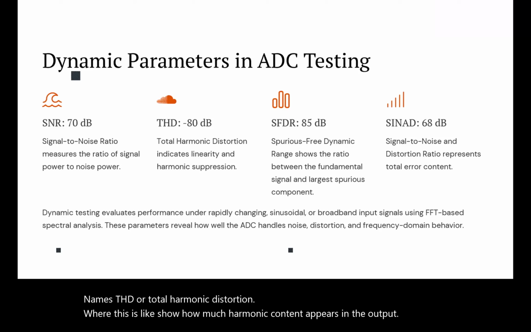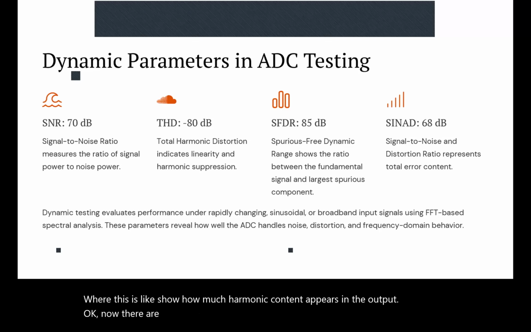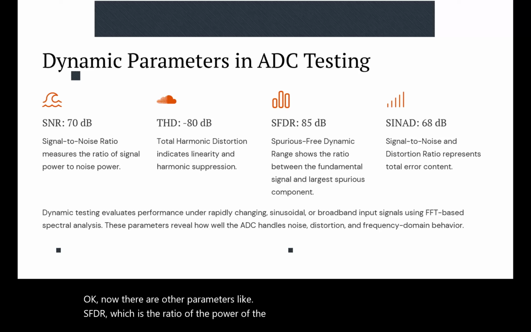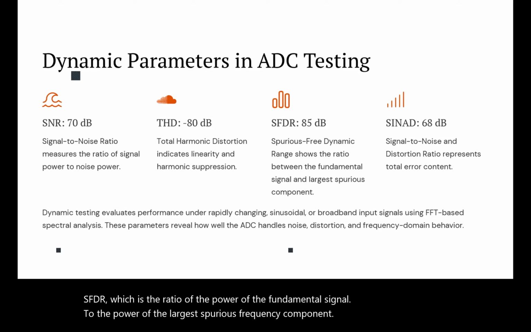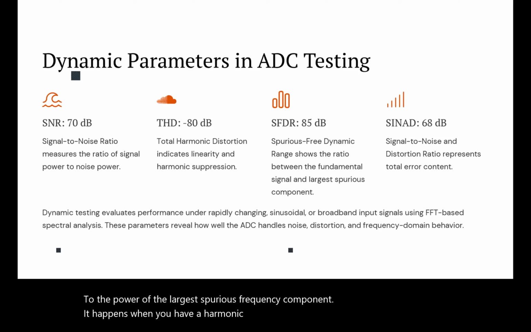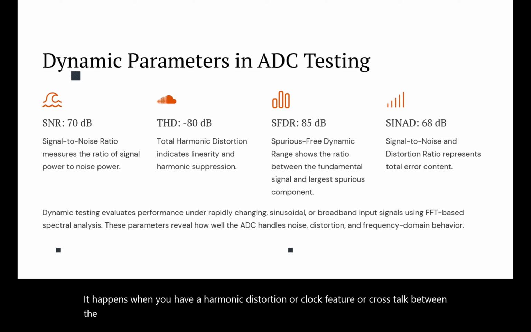Now there are other parameters like SFDR, which is the ratio of the power of the fundamental signal to the power of the largest spurious frequency component. It happens when you have harmonic distortion or clock feedthrough or crosstalk between the systems.